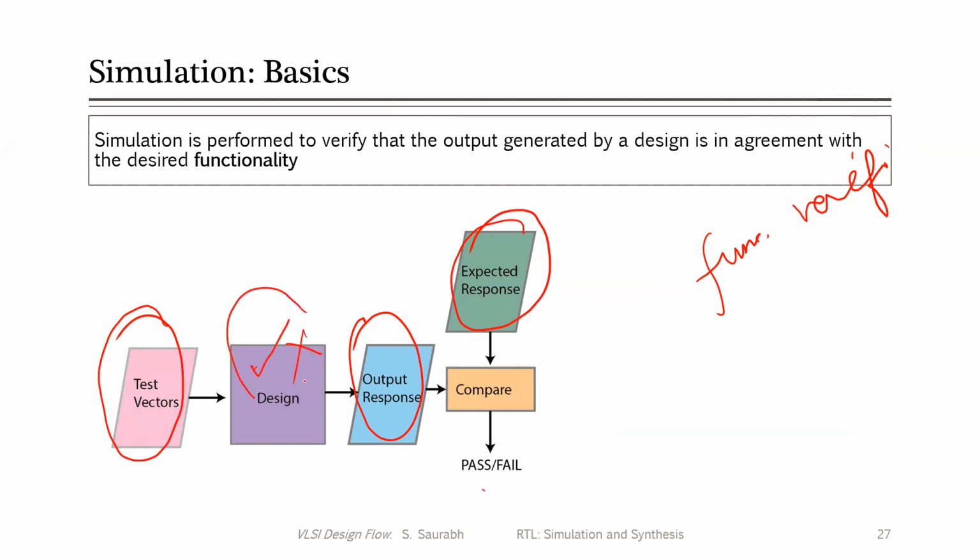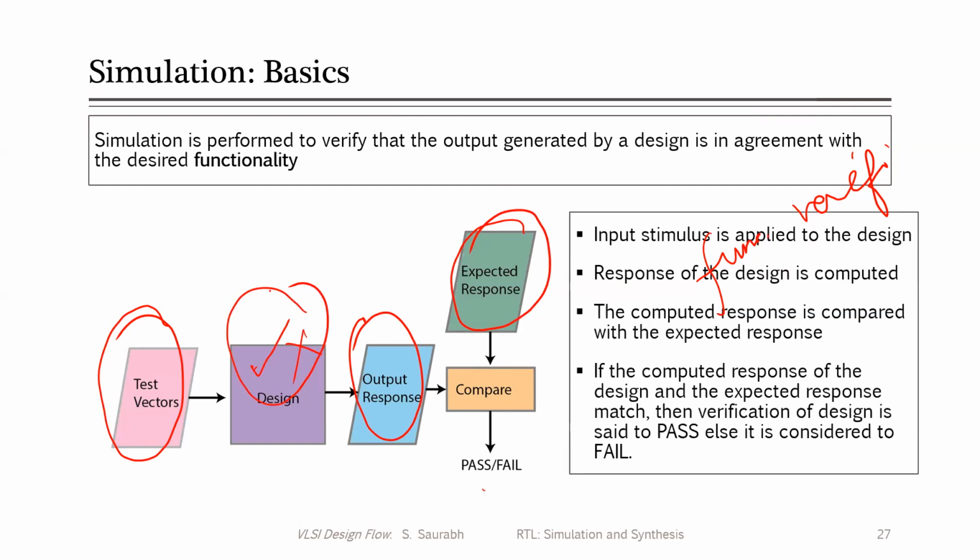So this is the purpose of simulation. Input stimulus is applied to the design, the response of the design is computed, and the computed response is compared with the expected response. If they match, then the verification of the design is said to pass, else it is considered to fail.